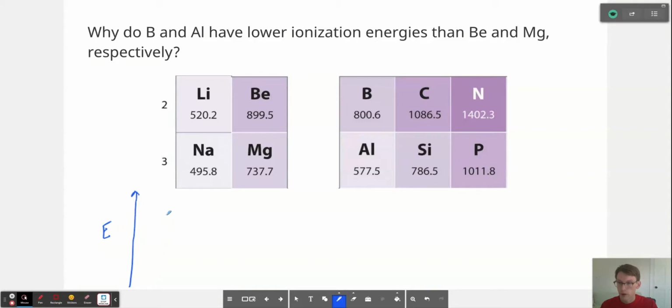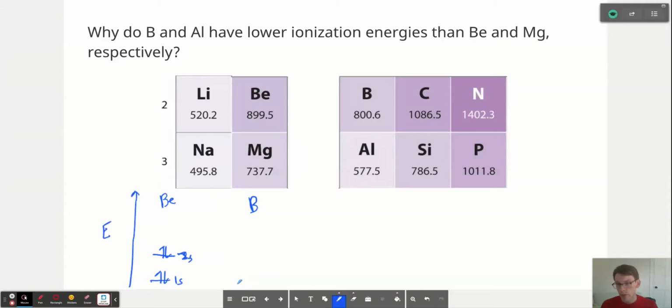So for beryllium, we're going to have a 1s and a 2s. The 1s has 2 electrons in it. The 2s also has 2 electrons in it. But for boron, we have 1s, 2s, and 2p.